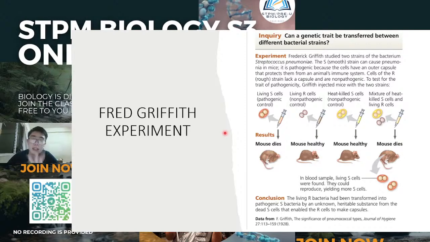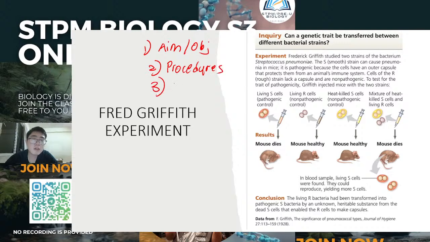Next are the procedures: what is the protocol, what steps were used to conduct the experiment. Third is the result, because if you do an experiment, you should have a result, right? And finally, the conclusion. What conclusion did he make at that time?